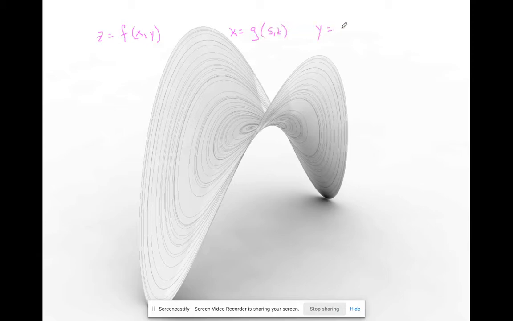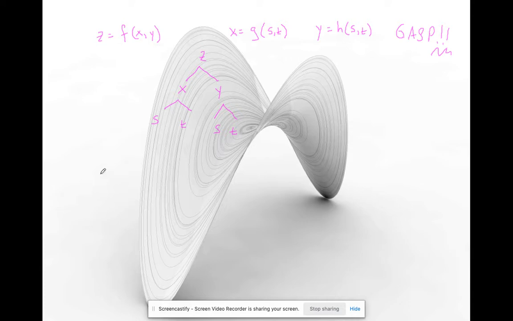And the same with y. I want you to think of this as that tree, right? I want you to think of z in terms of x and y. X is in terms of s and t. Y is in terms of s and t.